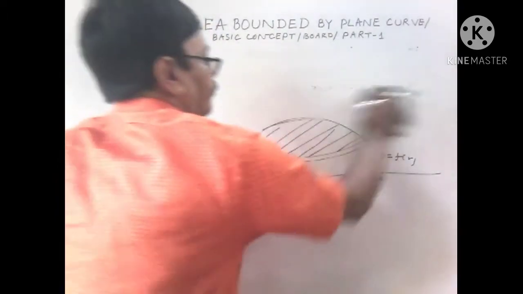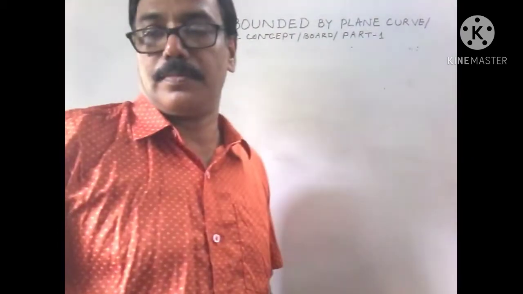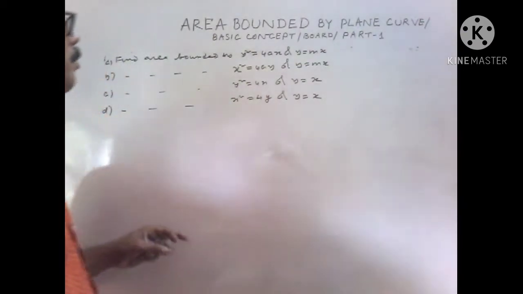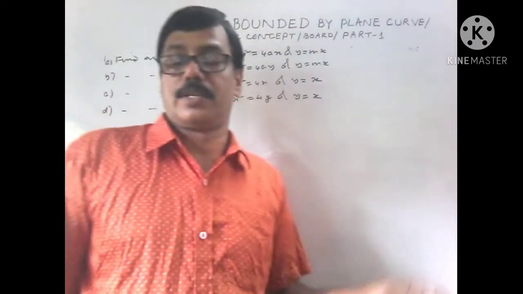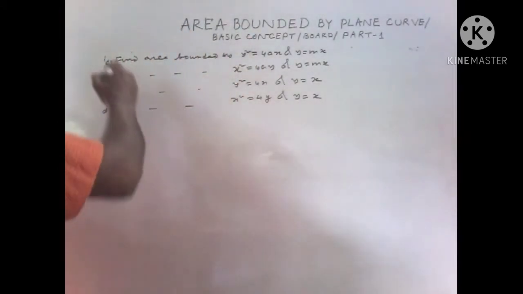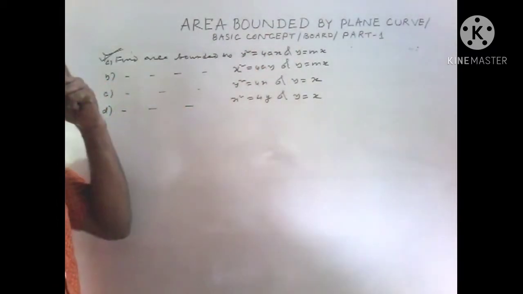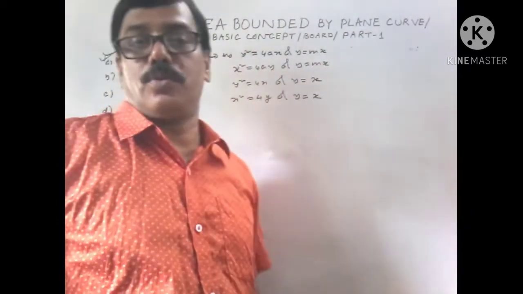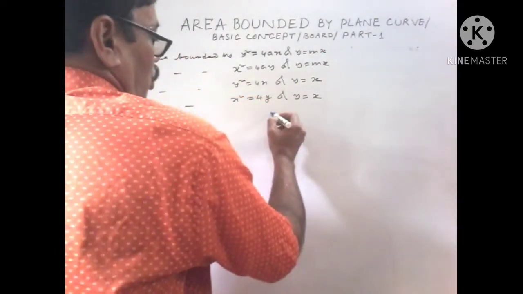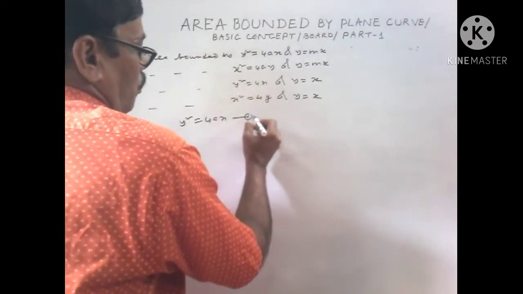Now application. Area bounded by two intersecting curves. If two curves intersect. So problem number 1. Find the area bounded by y square equals 4ax and y equals mx. We first find the point of intersection of the two curves.